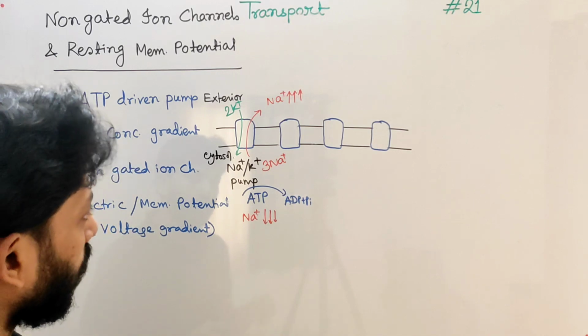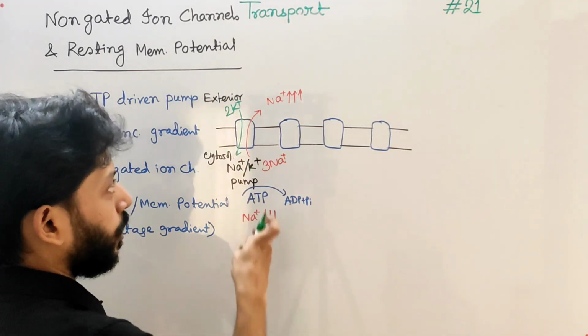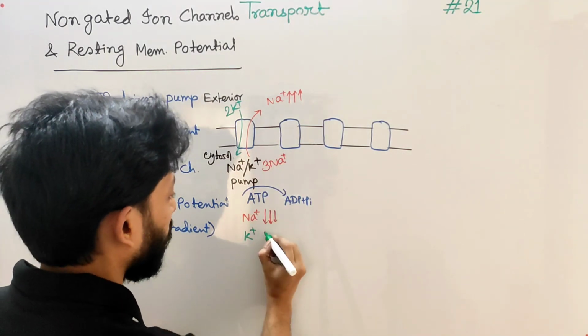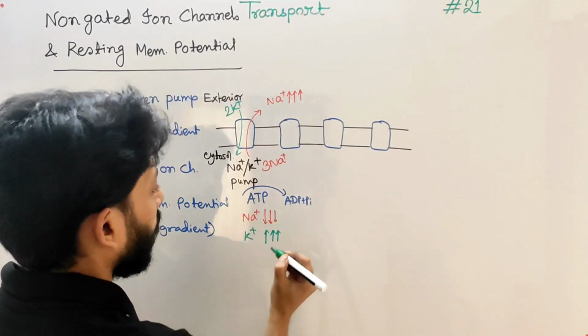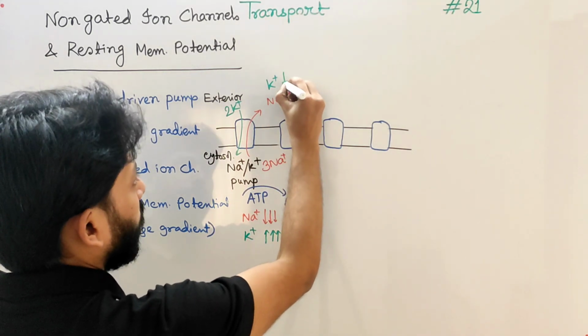And the opposite occurs because this pump is importing potassium ions, so the concentration of potassium ions inside the cell is increasing, and the potassium ion concentration outside is decreasing.